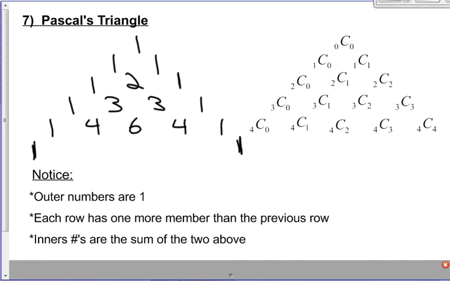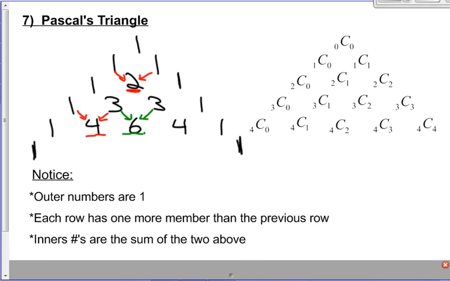So if I looked at this 2 right here, it comes from 1 plus 1. Or if I wanted to figure out where this 4 came from, it comes from 1 plus 3. Where does this 6 come from? 3 plus 3. That gives us an easy way to generate the next row.